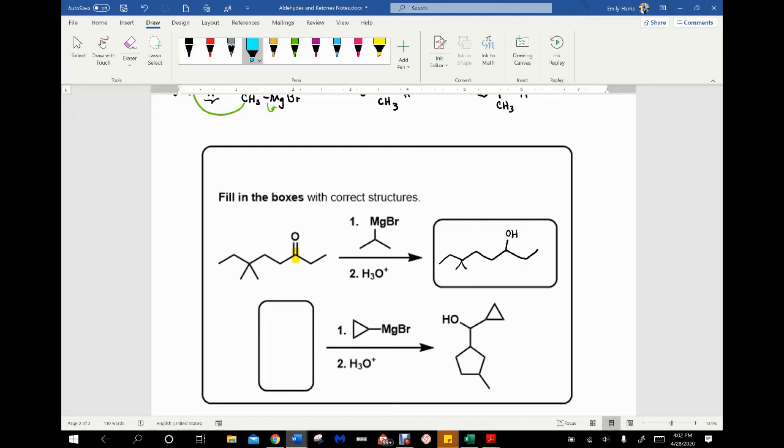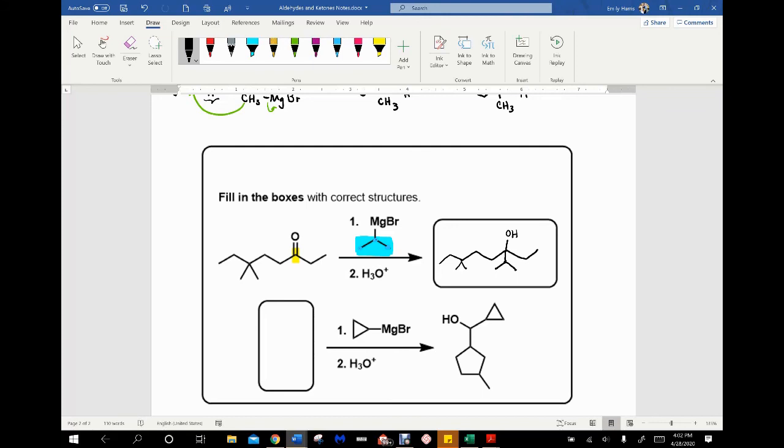The nucleophile is the carbon chain that's attached to the Grignard reagent. In this case, it's going to be these 3 carbons here, which are in an isopropyl sort of arrangement. So we're going to attach our 3 carbons, 1, 2, 3, and they'll be attached to that carbon now. So let me tidy that up there. All right, so there we go.